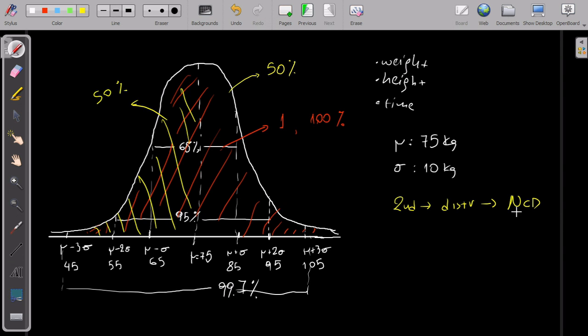We use normalcdf or inverse norm in my calculator, which is the inverse function of the normal distribution. We will see that in the problems in the videos that will follow.